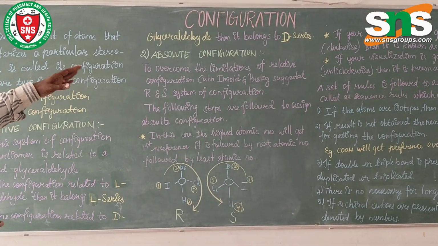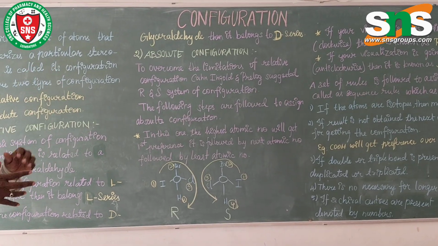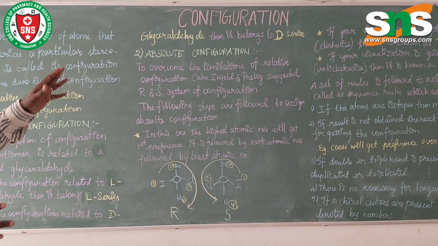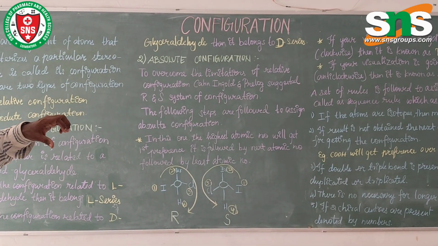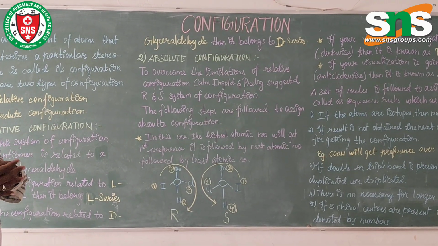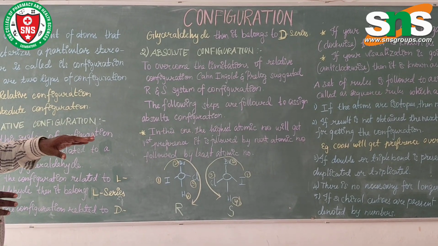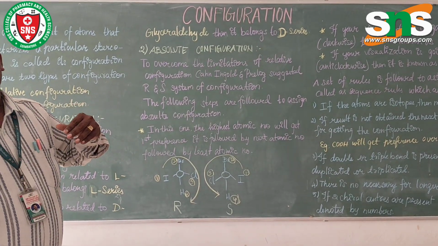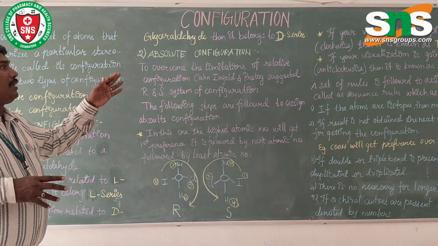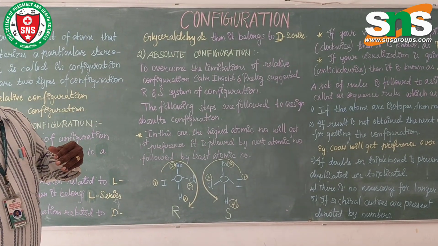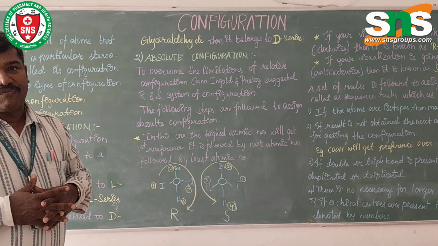Before going to absolute configuration, we have to know the limitations of relative configuration. Normally we take the compound and relate it with the standard glyceraldehyde. If the compound has more than one asymmetric carbon atom, then we cannot predict the relative configuration.